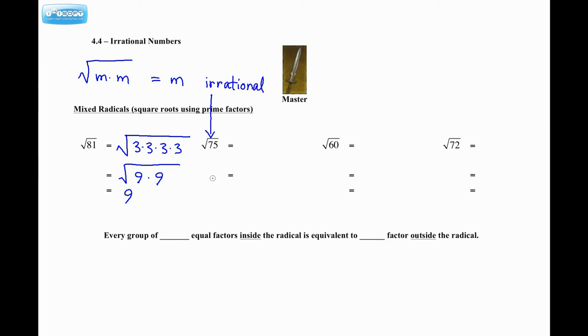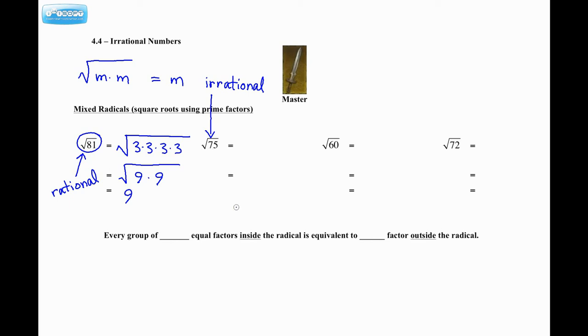In fact, the decimal goes on forever and it doesn't repeat. The square root of 81, which is 9, is not irrational. This is rational. Basically, a rational number is any number that could be written as some kind of a fraction, and 9 could be understood as 9 over 1.